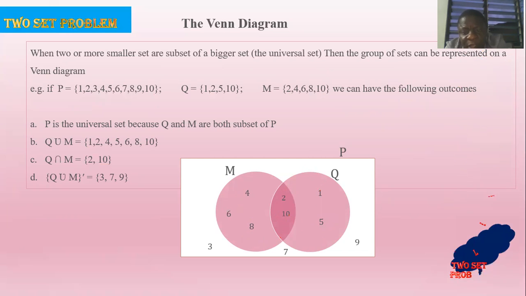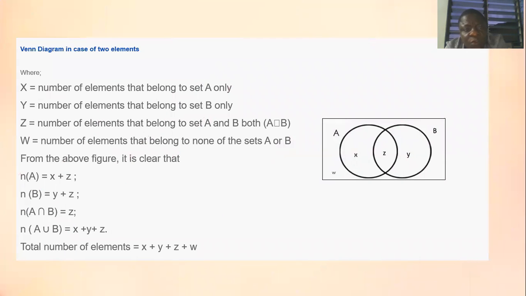So ideally, we rather use cardinality. But before then, let's still buttress our understanding of this representation.